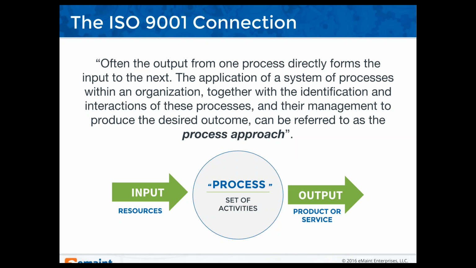And the application of a system of processes within an organization, together with the identification and interactions of these processes and their management to produce the desired outcome, can be referred to as the process approach. So we have the inputs from one side in terms of resources, some processing activity going on, and then as a result we've got an output in terms of a product or a service. So the inputs, processes, and outputs.